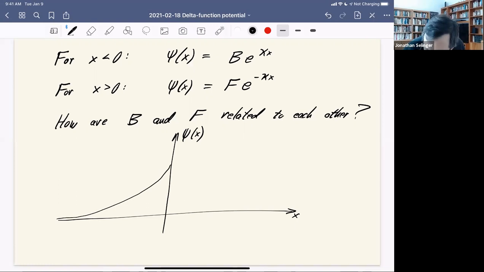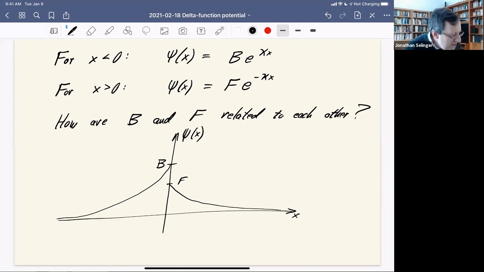And it goes up to the number b right there. For x positive, the function is a decreasing exponential like that, right? Which goes up to the number f, okay?